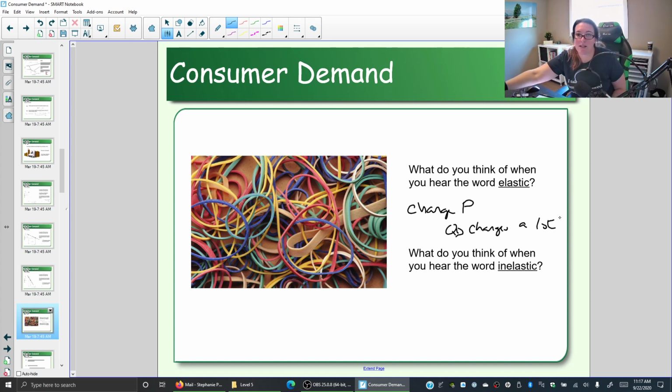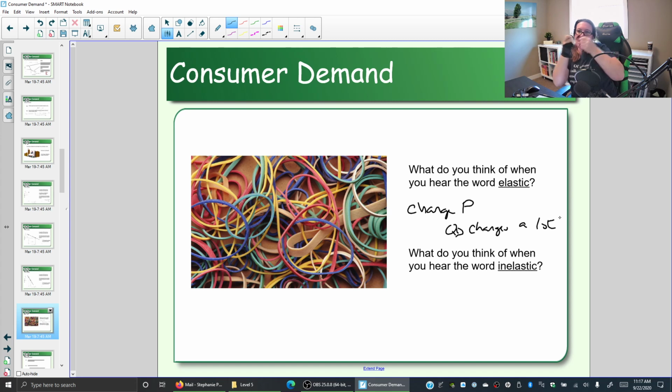In comparison, something that is inelastic, and I apologize, I didn't have any string, so I'm going to use the string that's attached to my flashlight here, but here's a piece of string. Now, when something is inelastic, when you tug on it, it's not changing very much, right?